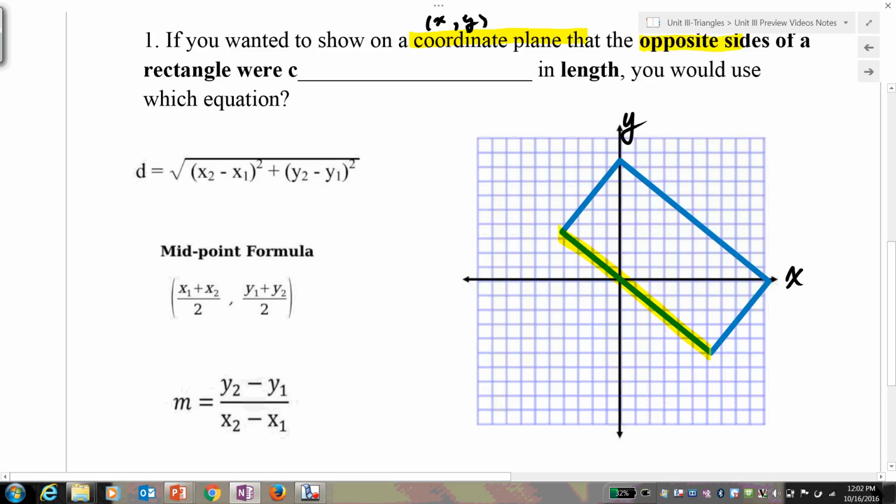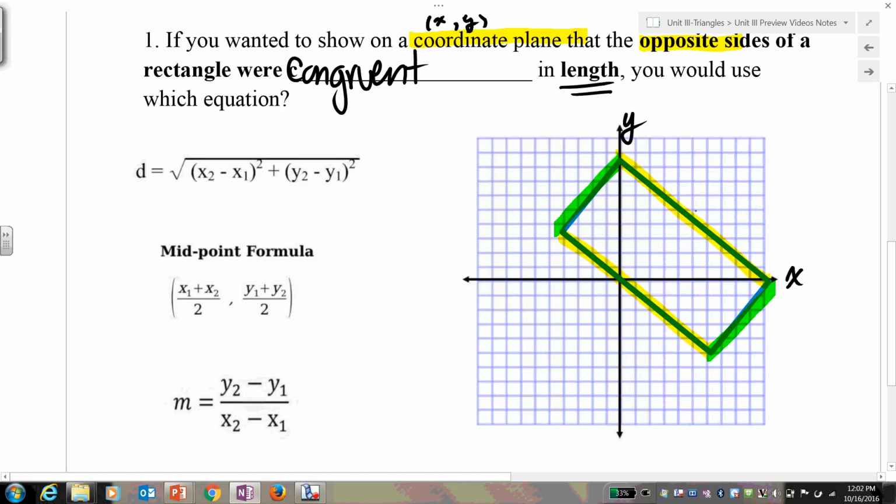sides, so let's physically trace the opposite sides. That would be considered opposite sides. That would be considered opposite sides. If I wanted to show that those opposite sides on a coordinate plane were congruent in length, which equation would I use?